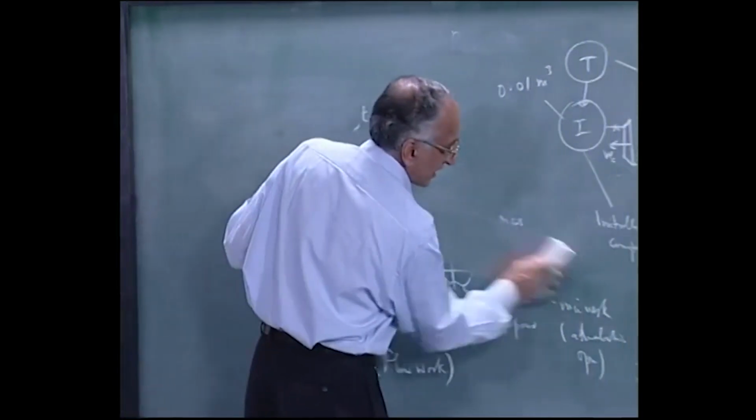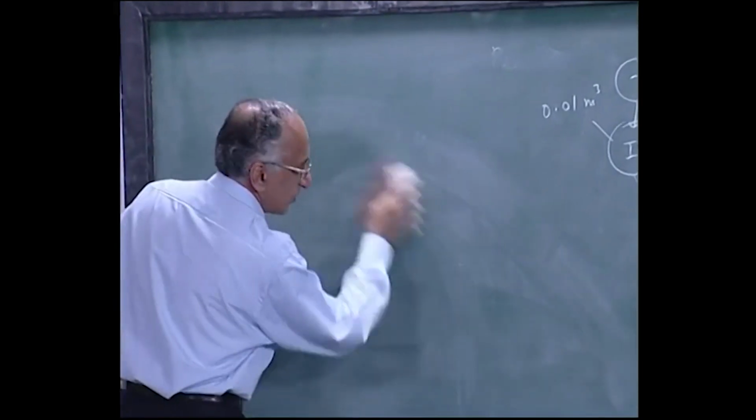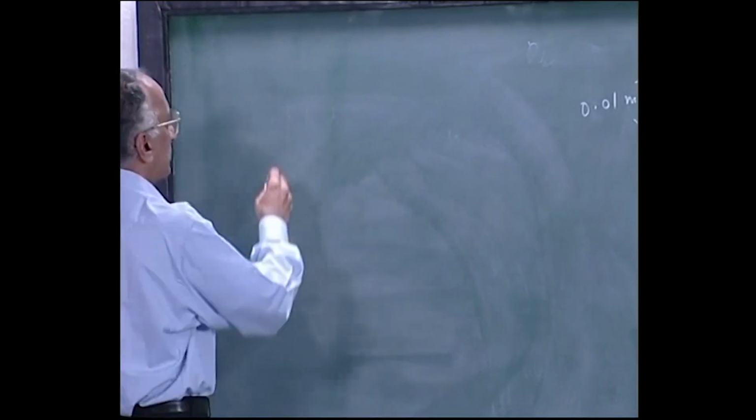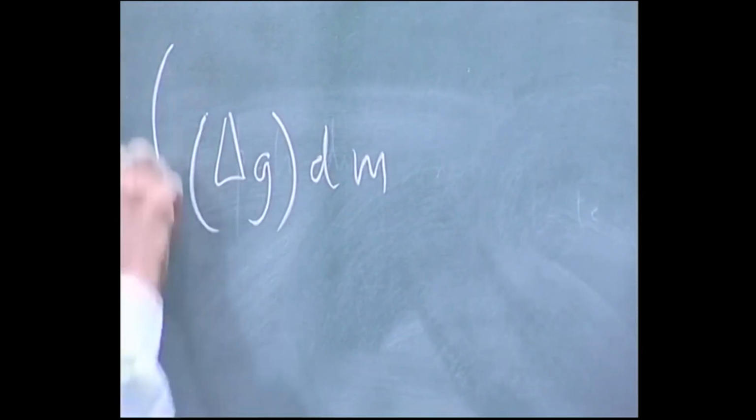Now let me do the second calculation, although it is quite illustrative, and finally you will be able to match the two. What I want to do is to calculate the integral of delta G dm. This is the integral I want to calculate.